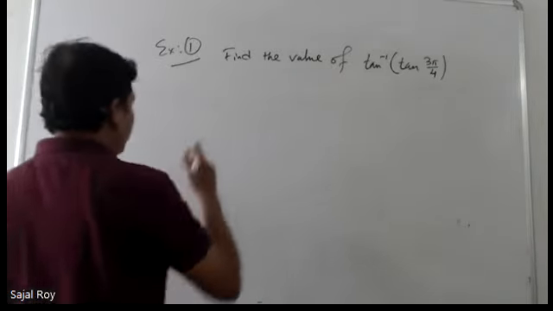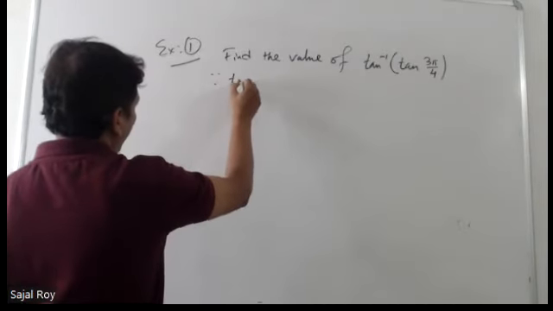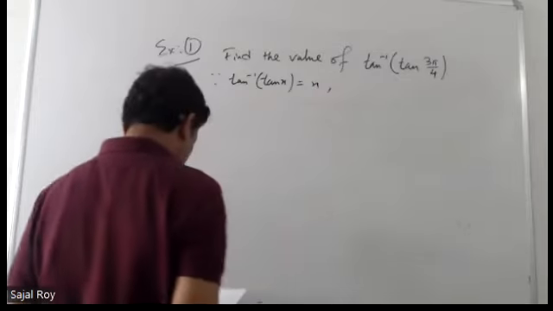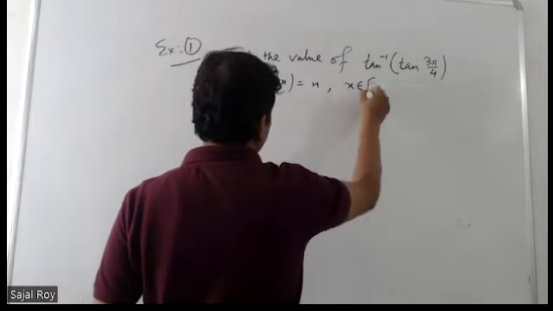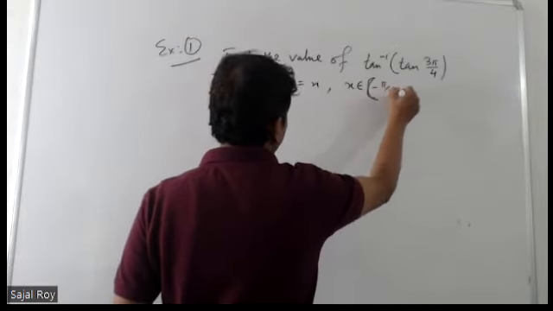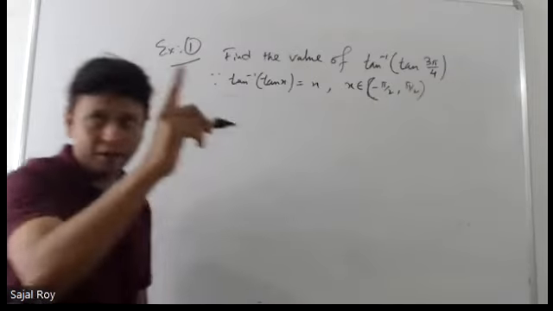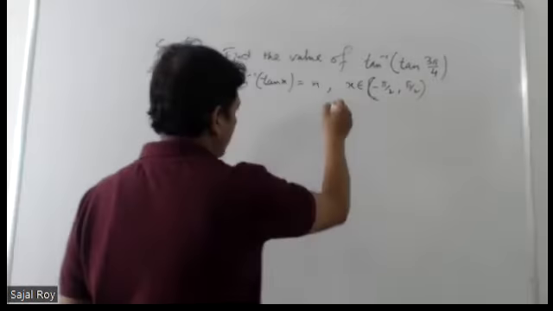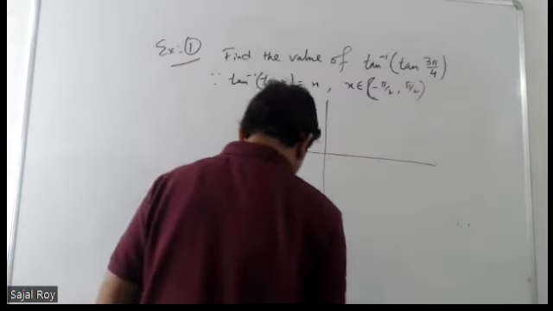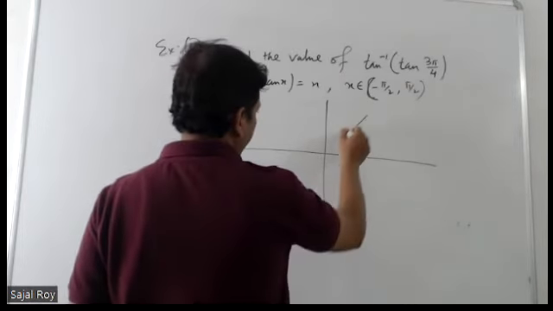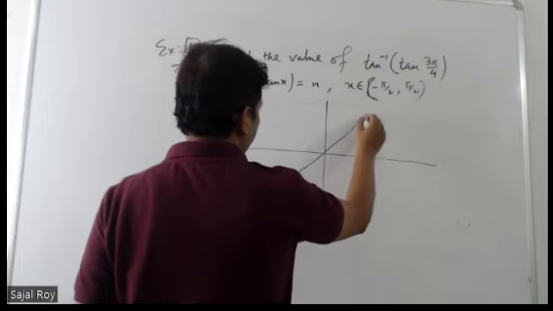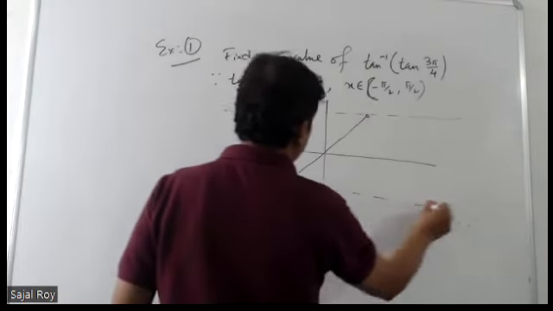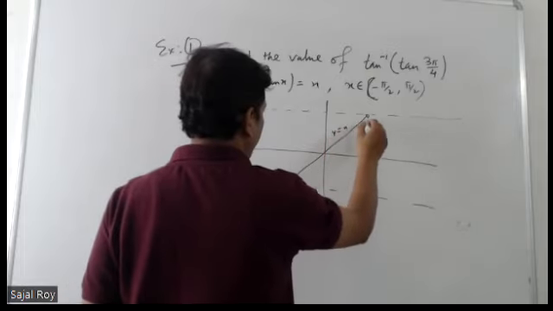Now you see, first of all, you have to write tan inverse of tan x is x for x belongs to the open interval minus pi by 2 to pi by 2. Otherwise, no. So I have drawn the graph for tan inverse tan x. Once again, let me draw y equal to x.